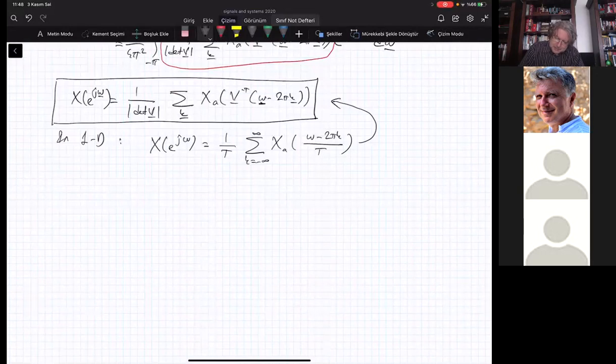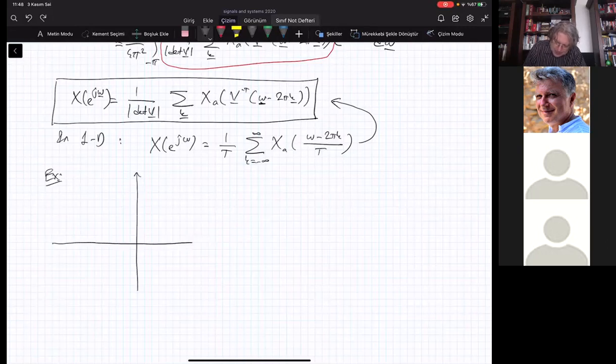For instance, suppose that we have the Fourier transform X_a of omega over the omega 1 and omega 2 axes, like this.